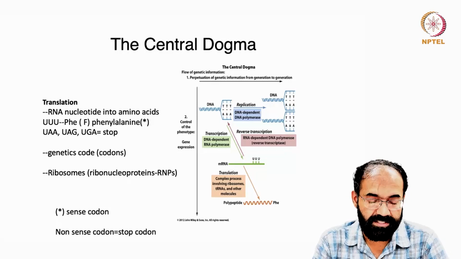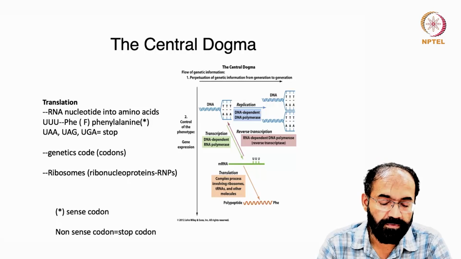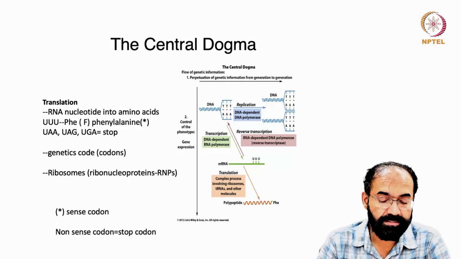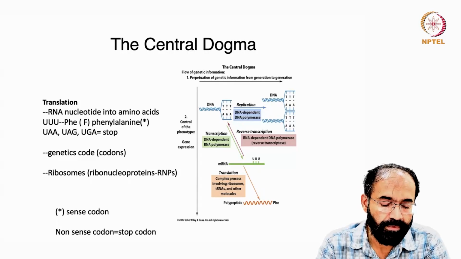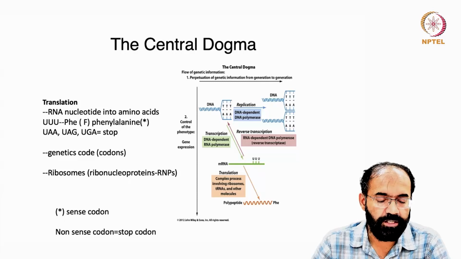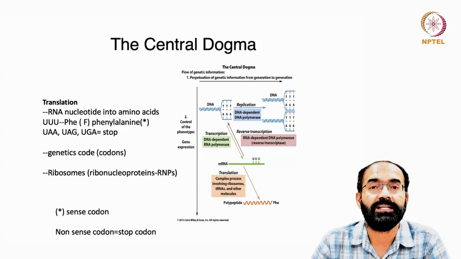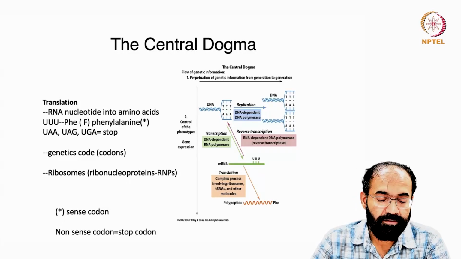In translation, translation is basically the conversion of the RNA nucleotides into an amino acid sequence. How does it do this? As you can see here, there are 3 U's mentioned. UUU, which is present in the RNA, acts as a codon, and this brings in phenylalanine.